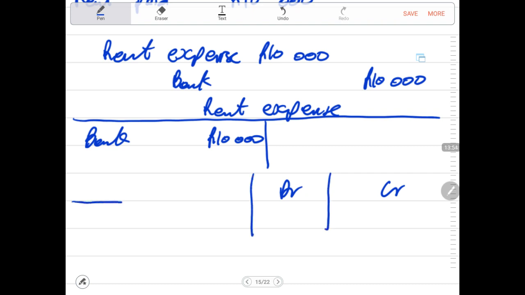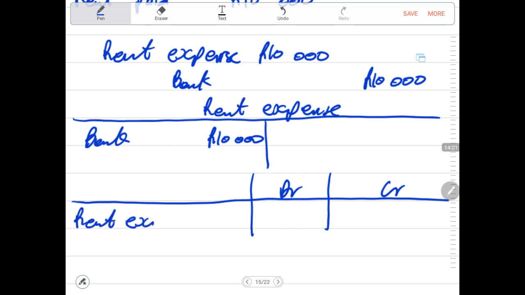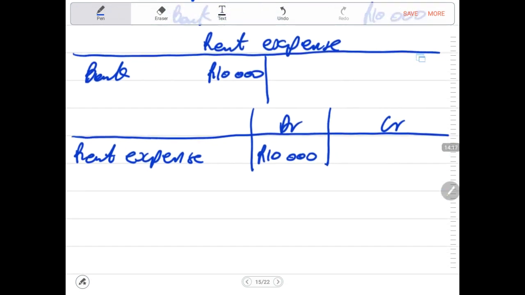Then in the trial balance, we are going to have rent expense. Remember, I said to you that in the trial balance, the amounts with regards to expenses are the amounts already paid. So now that means the amount of rent that we will be seeing in the trial balance of 10,000 is the rent already paid.